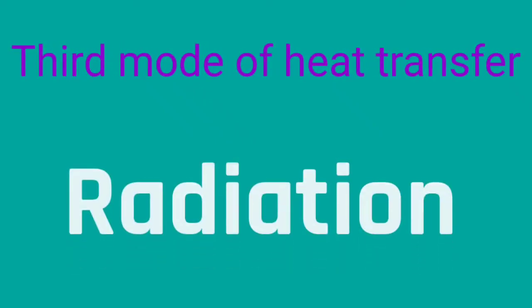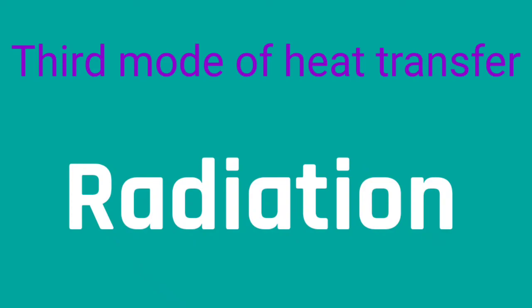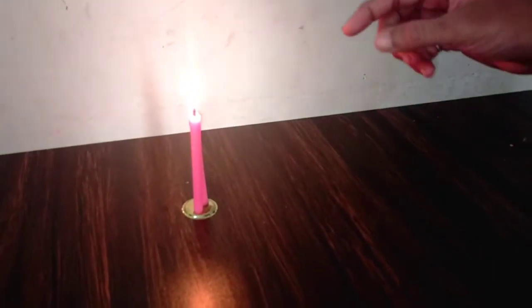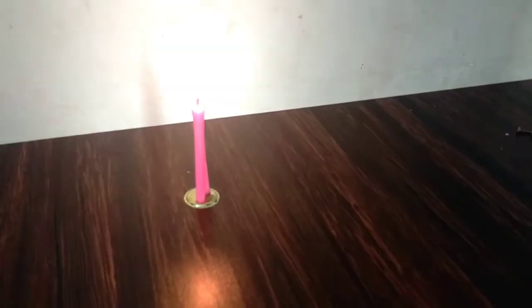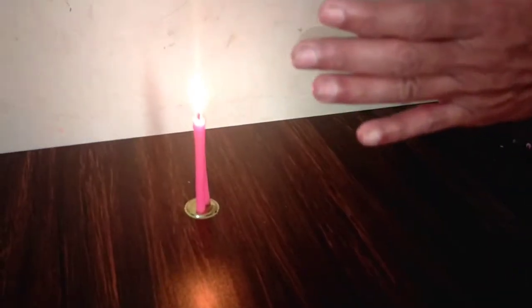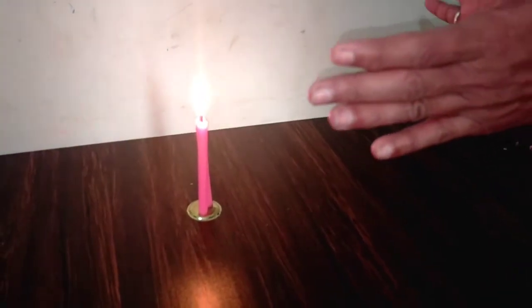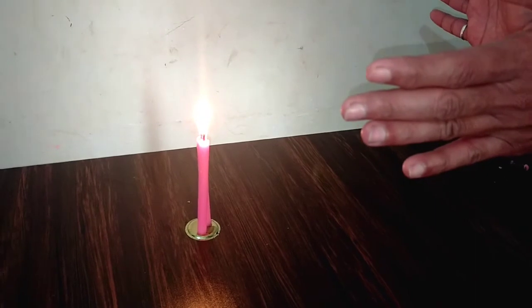Now, see the third mode of heat transfer, that is radiation. For this, we are going to do a small activity. First, light the candle and put your hands around it like we are sitting near a bonfire.